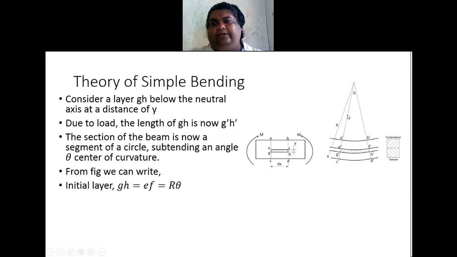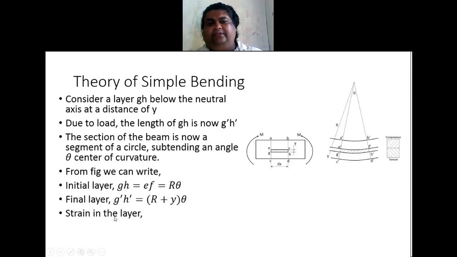For small angle, we can take it as R into theta. And the final layer, that is G dash H dash, if this is r theta and I have moved by distance y, so it is (r plus y) into theta, right?